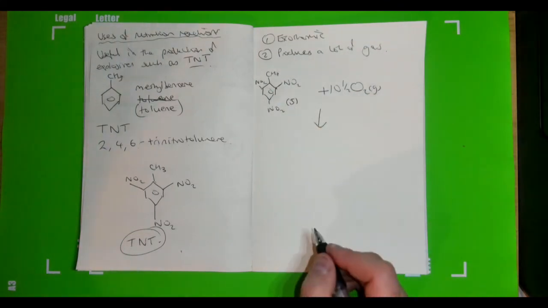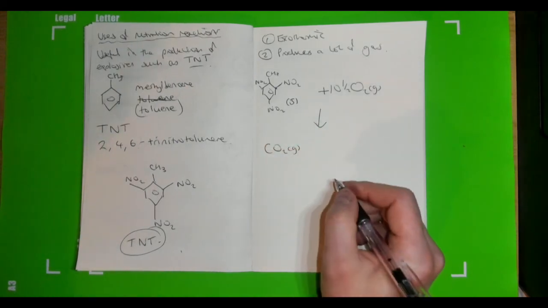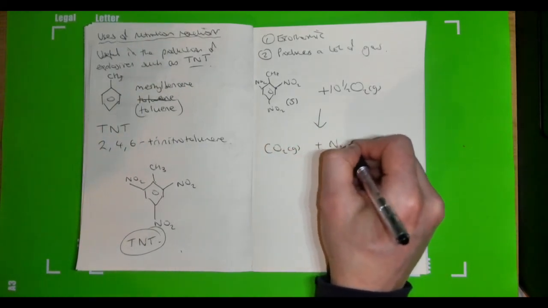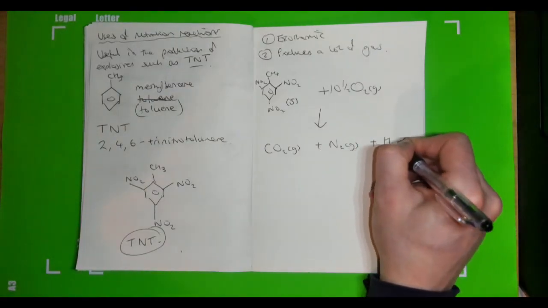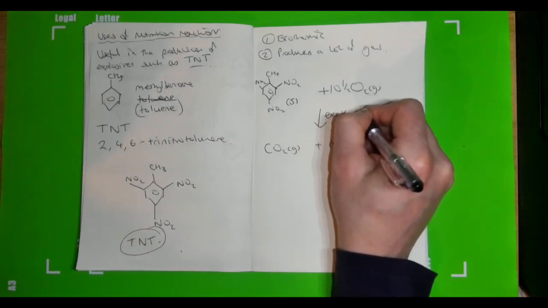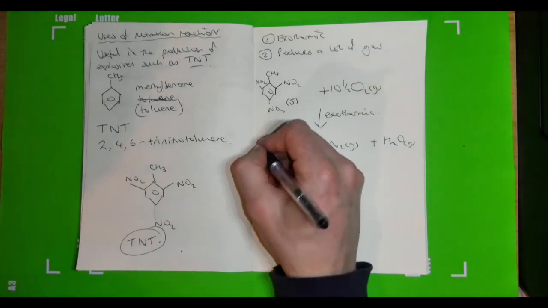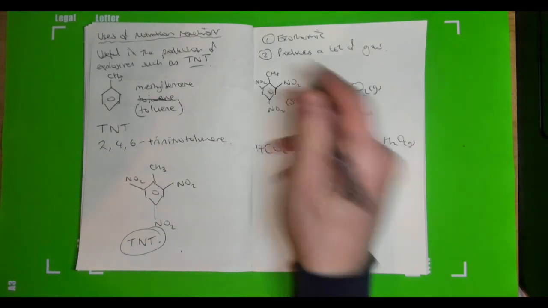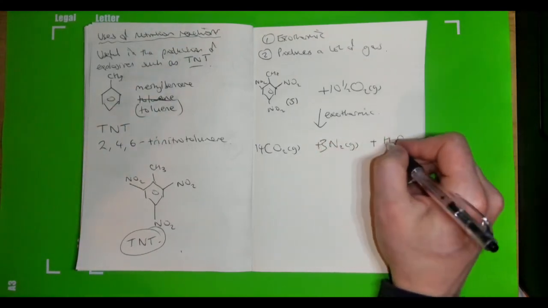And that produces a load of gas. So it produces carbon dioxide gas, nitrogen gas, and steam as well. Because remember, this can produce at a very high temperature because it's already exothermic. So you don't get water produced, you get steam produced. All right? And you get loads of this gas. Balance this equation, you can work it out. 14 moles of that, 3 moles of that, and 5 moles of that.